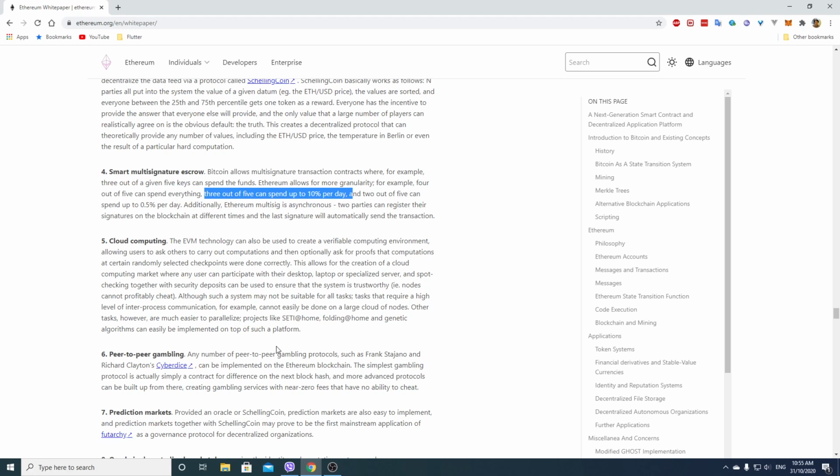Okay. I think the challenge here is the verifiable part. I didn't really explain how that would work.